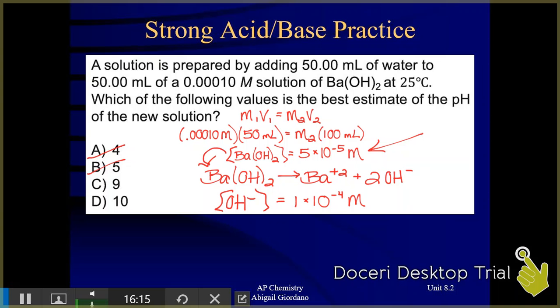To find this pOH, if I take the negative log of this hydroxide concentration, the pOH is going to be equal to exactly 4. And then from here it's easy. 14 minus 4, the pH is 10. So D is my answer.